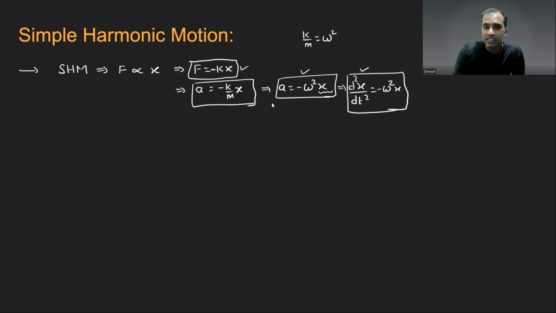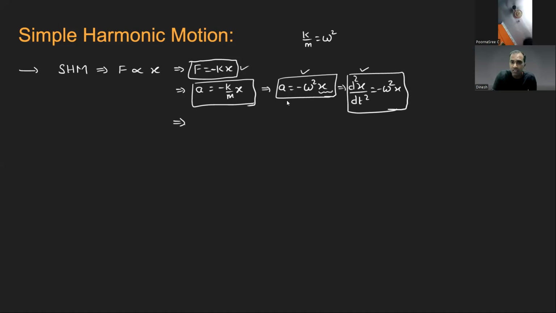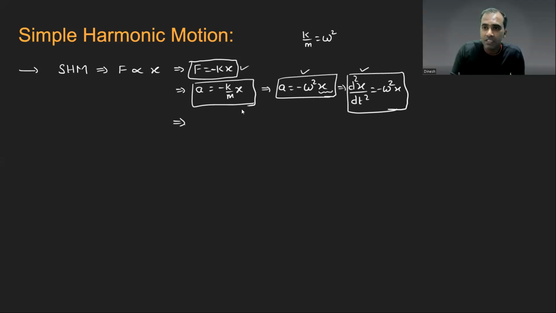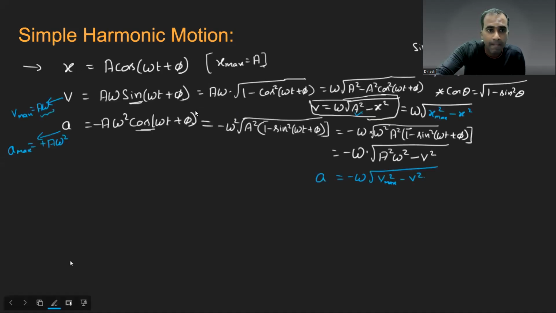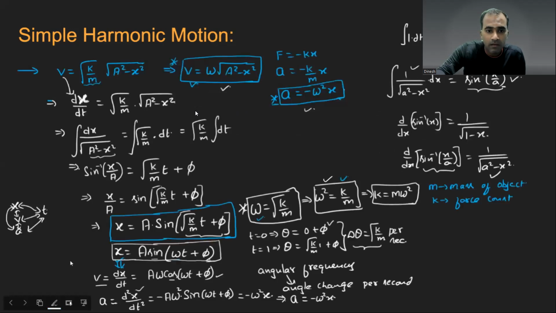So this equation we have rearranged slightly, and we have got the relation between velocity and displacement. This is the relation between acceleration and displacement. Now from that, we got the relation between velocity and displacement. What is that relation? You can go back if you want. Yeah, we got it here. See here: v equal to omega into root of a square minus x square.